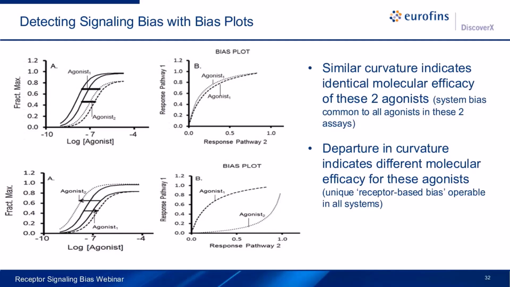So now we have a different compound, and its bias curve is different from the bias curve for this agonist. That states that compound is creating a unique active state.